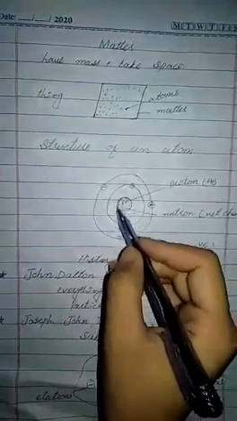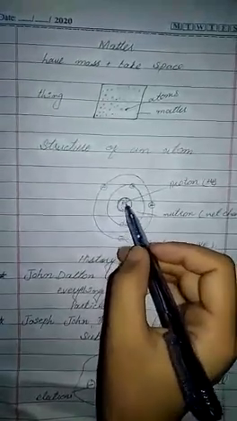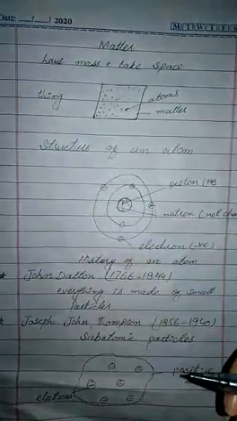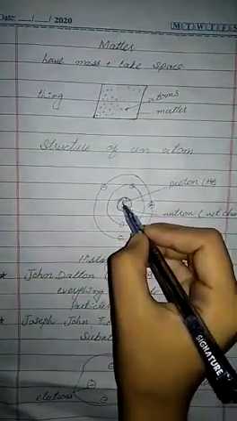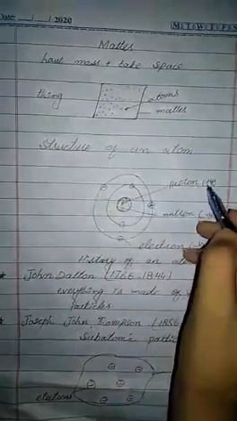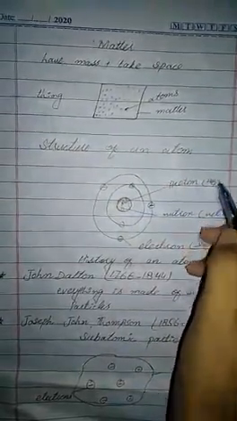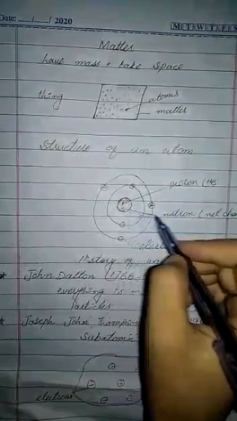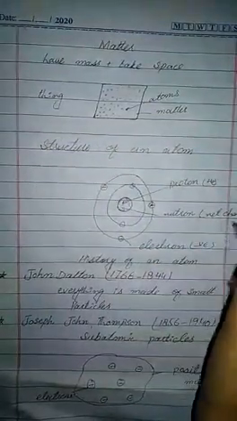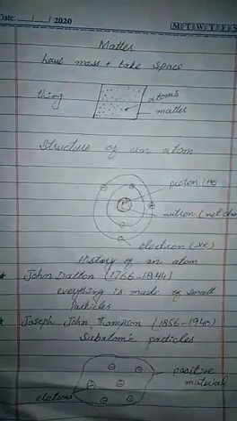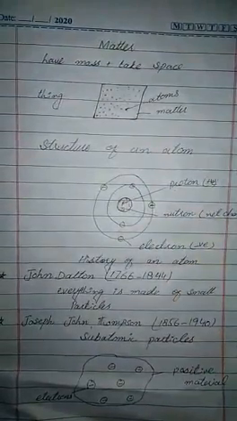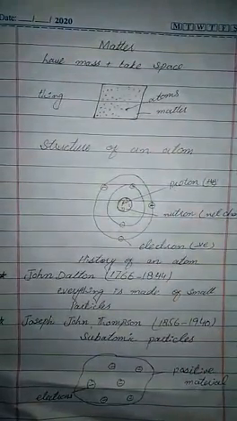What is this? Nucleus. And in the nucleus, two subatomic particles are present. First one is proton, and it is positively charged. Second particle is neutron, and it has net charge, means it is neutral. Neutral means no charge, and from neutral its name is neutron.